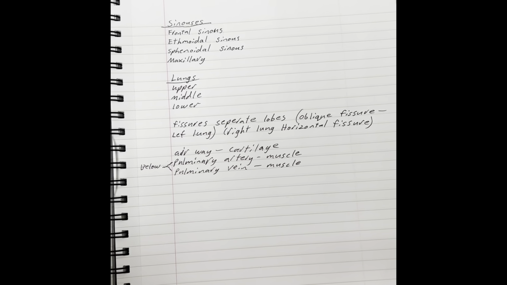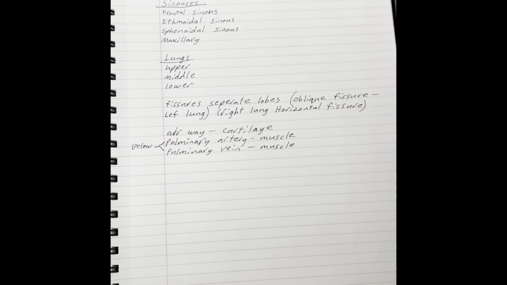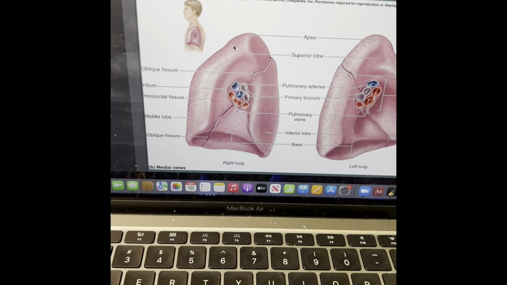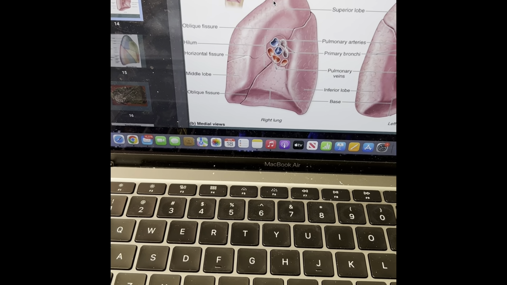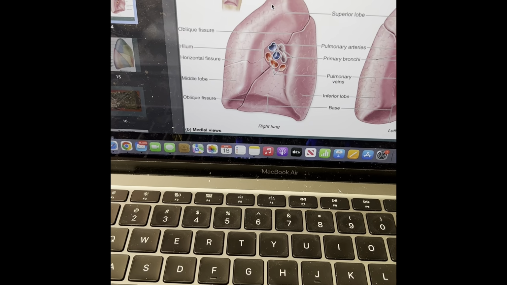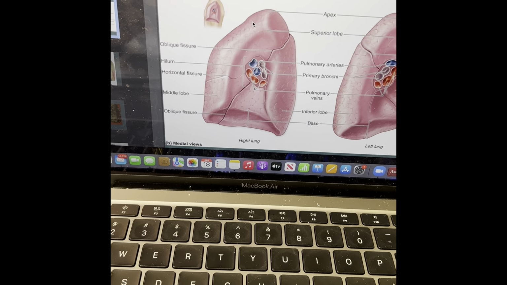Airway cartilage: this is what the inside of a lung looks like. Those are the airways, and then the pulmonary artery and pulmonary vein.